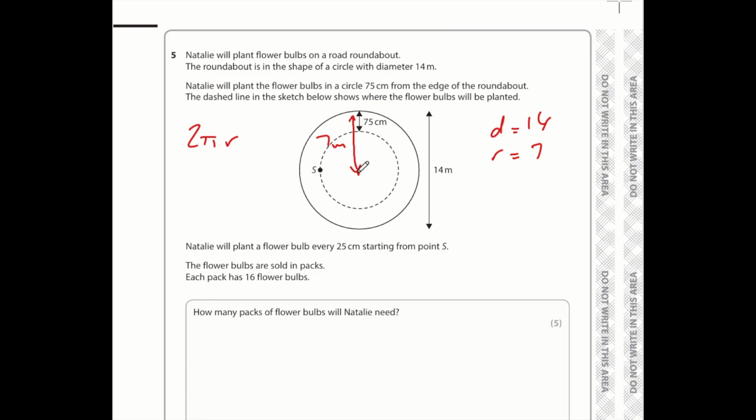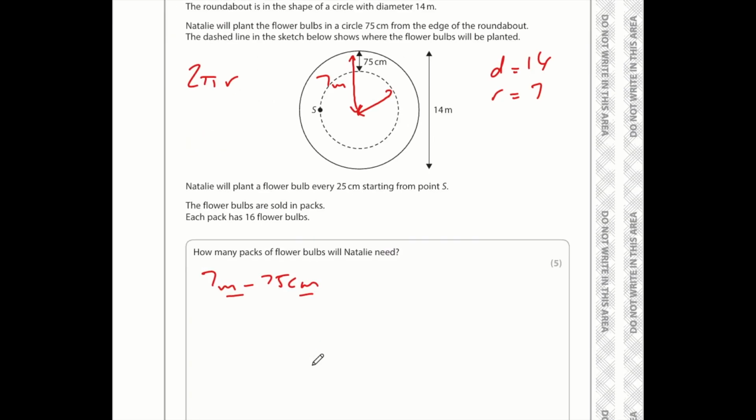Now we only want the radius of this smaller circle, so that's going to be 7 meters minus 75 centimeters. So as we've got a discrepancy in the units here, I'm going to turn the meters into centimeters. So as there are 100 centimeters in a meter, times 7 by 100, and 7 take away 75 is 625 centimeters.